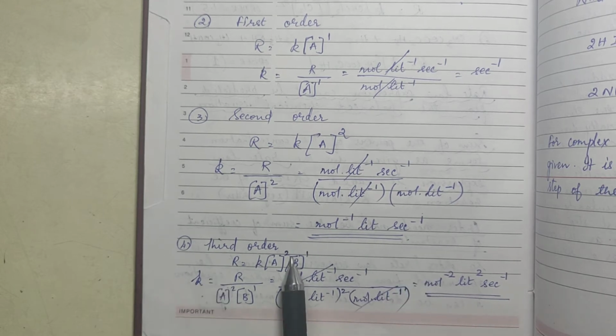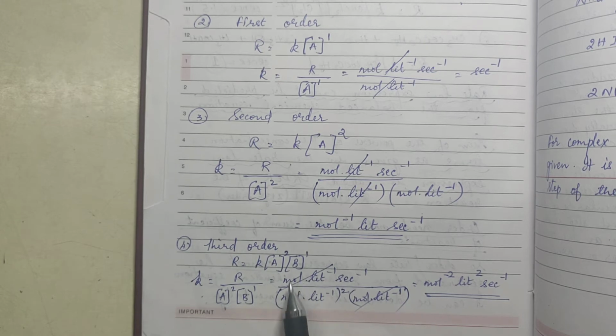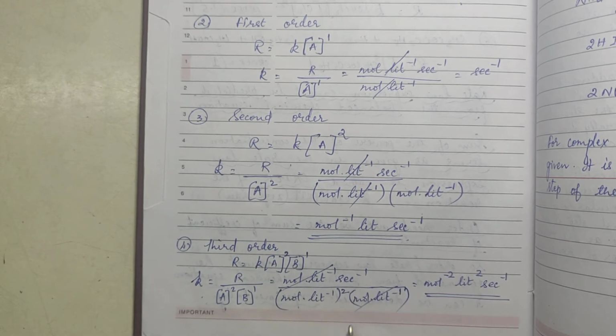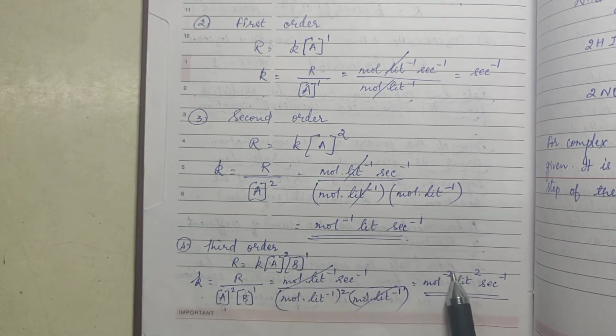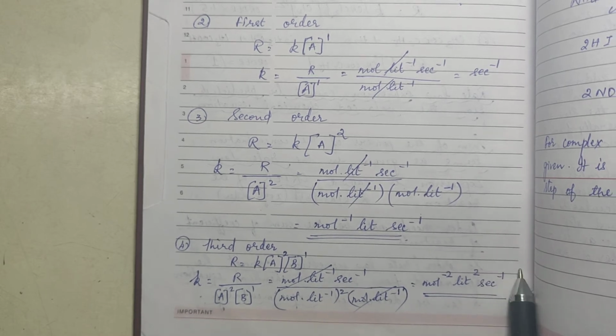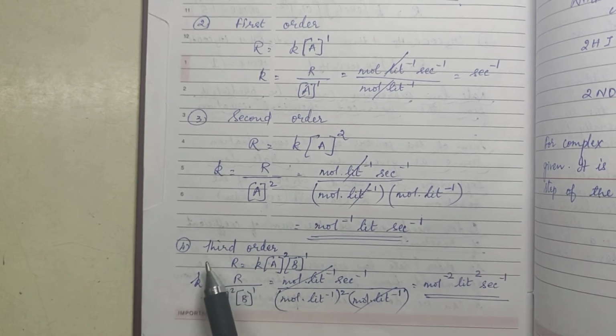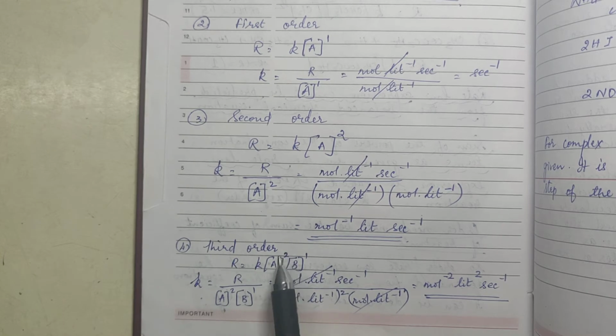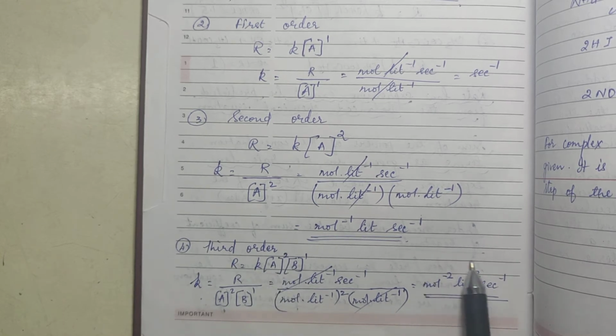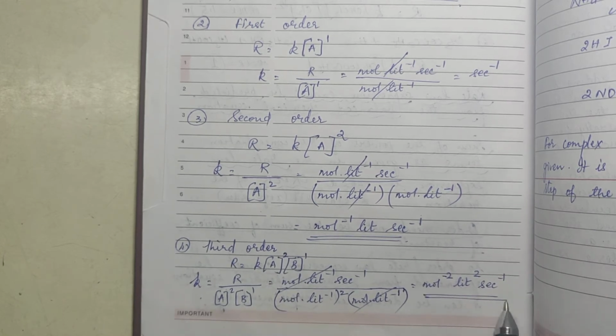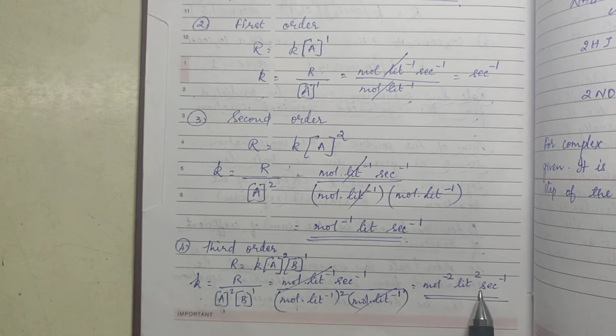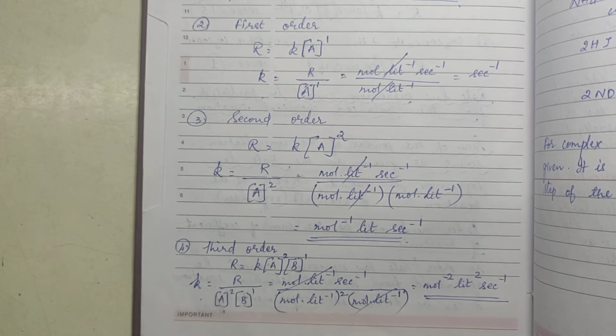Same way you can calculate for third order, A square into B power 1. If you substitute, you will get mole power minus 2, liter square, second inverse. This will be the unit of a third order reaction. So in any numerical, if you come to know the value of K and its unit, from the unit itself you can easily guess what may be the order, right?